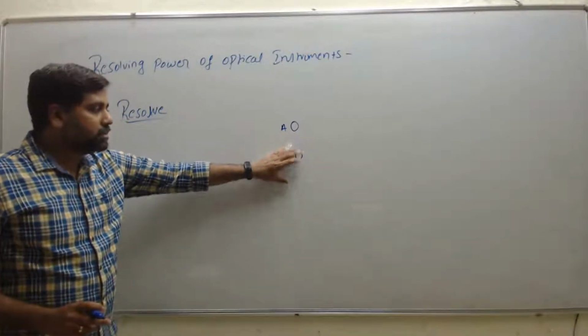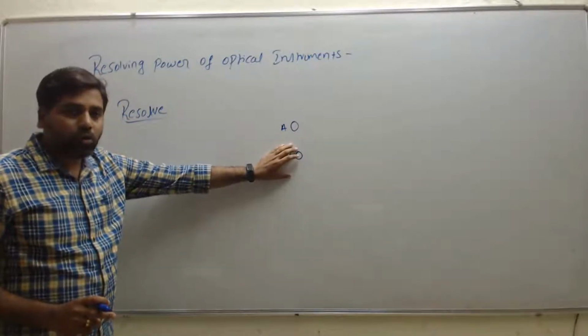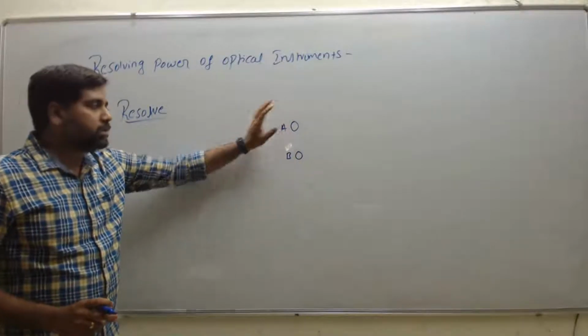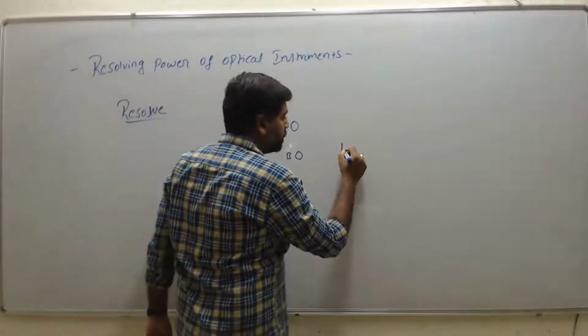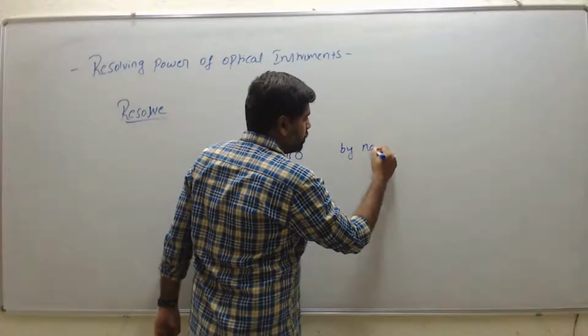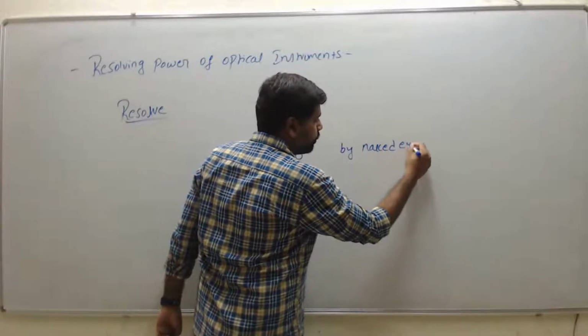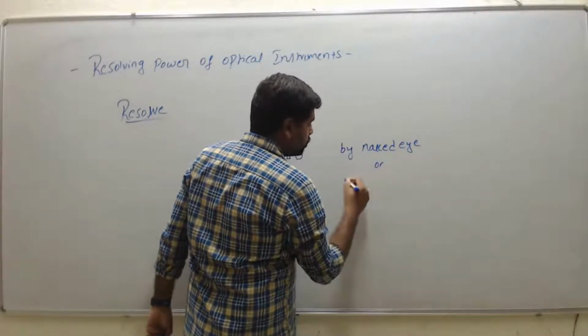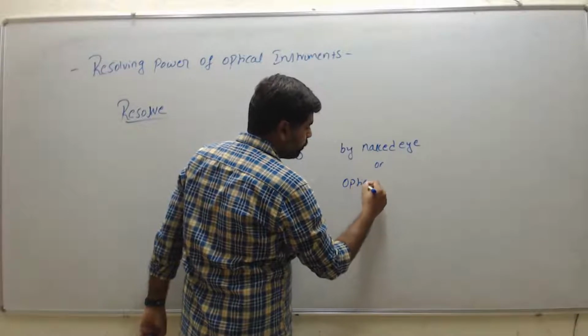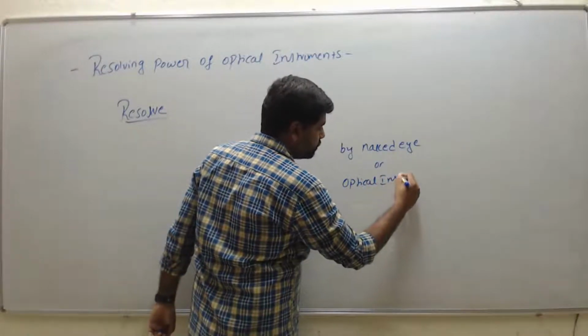When we say that these two objects are resolved, it means these two are independently observed. That is, we can see this object and this object clearly by our naked eye or through optical instruments.